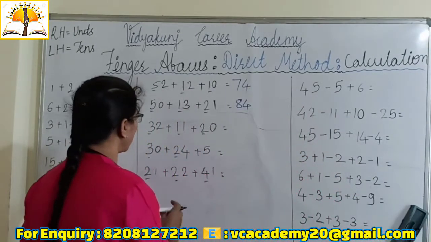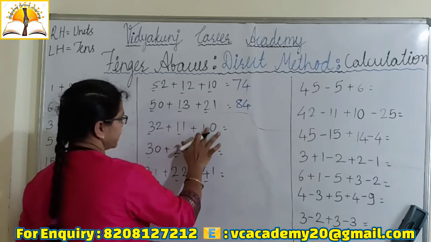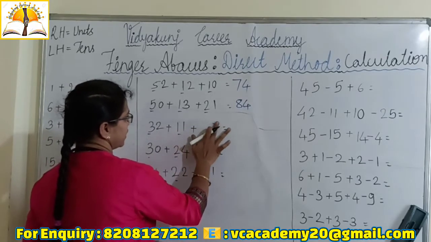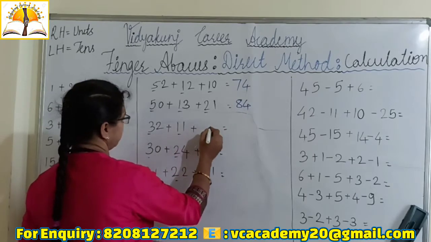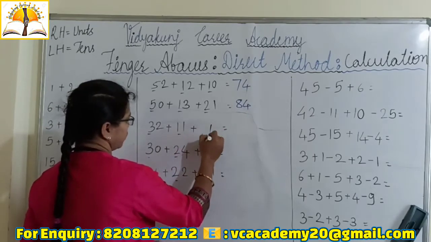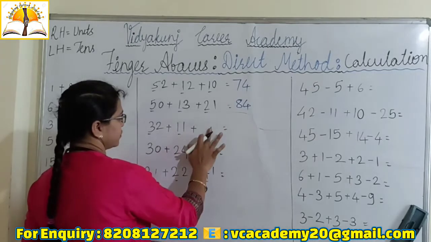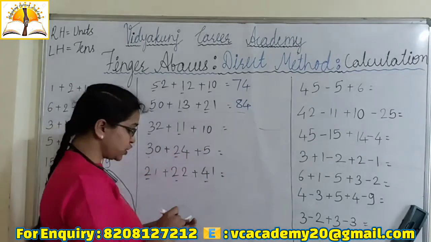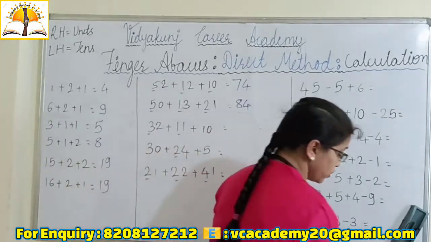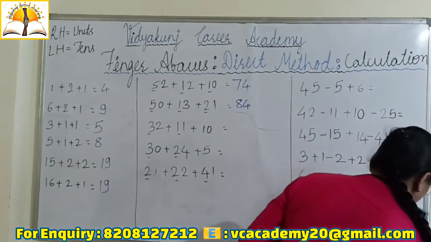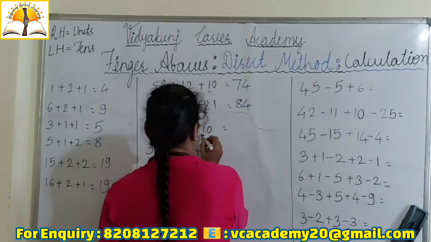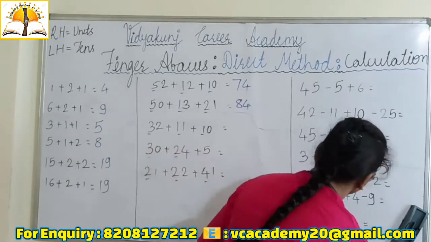I will not take the concept of 5 now. I will take 10. I will take the concept according to 9, 8, 7 like this, because it will be difficult for you.